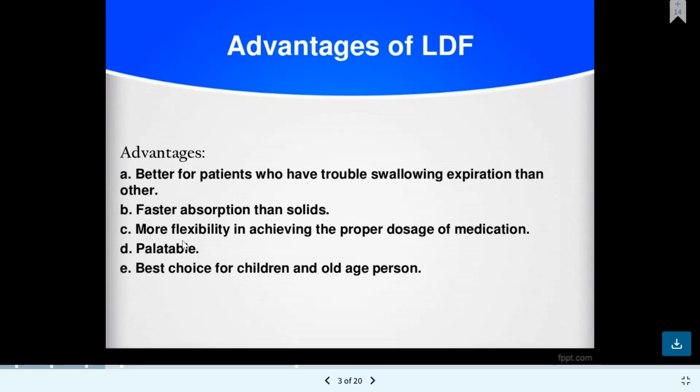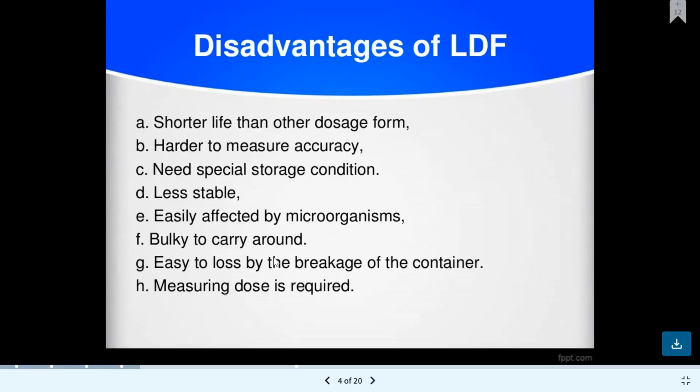The third is more flexibility in achieving the proper doses of medication. You can achieve proper doses of medication in a very flexible way. Then it is palatable, and the last is that it is the most preferred choice for children and old age persons. Children and old age persons can take oral dosage forms more easily as compared to other dosage forms, and it is very comfortable.